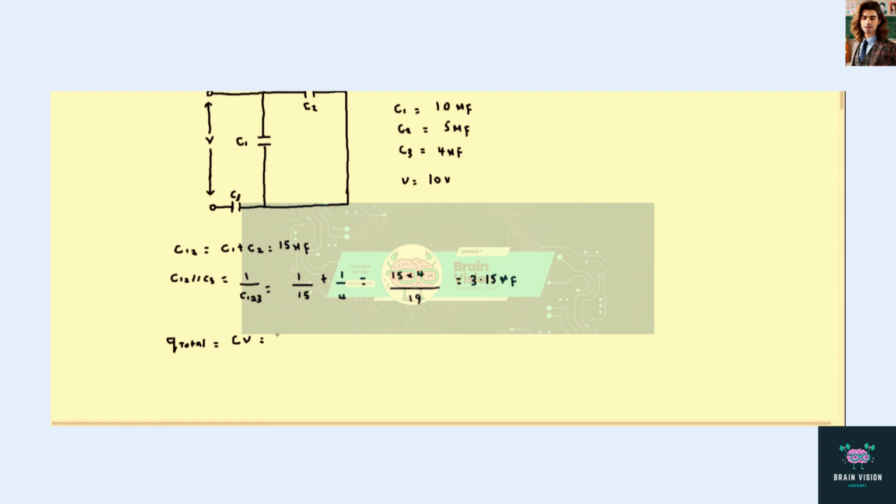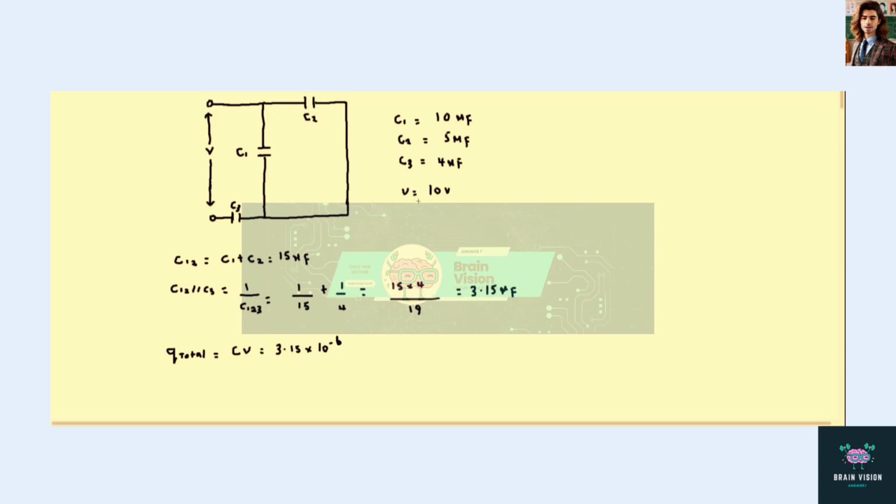We know the total capacitance from the first step is 3.15, so 3.15 times 10 to the negative 6. We know V is equal to 100.